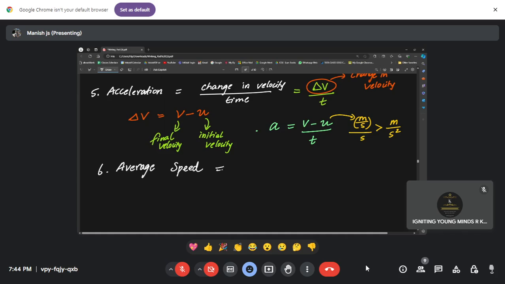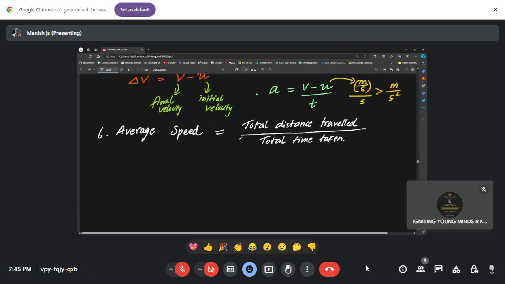Average speed. The formula for average speed can be expressed as total distance traveled upon total time taken. You can simply define it as the ratio of total distance traveled by an object to the total time taken to cover that distance.